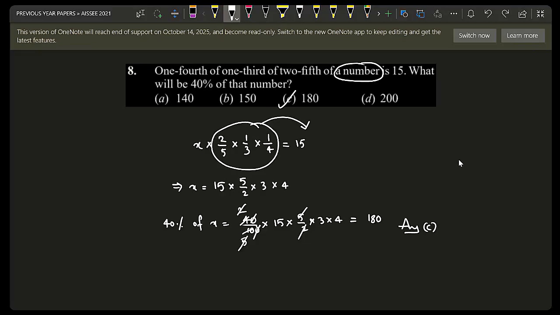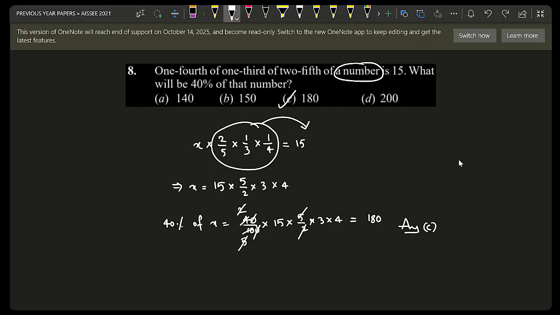Rutvik: Sir, the second step, the x value. You want to simplify in the second step only? You can do that, but wait for the cancellations until you write the entire expression. It will be easy, because sometimes in a hurry we multiply bigger numbers and it is not actually required.